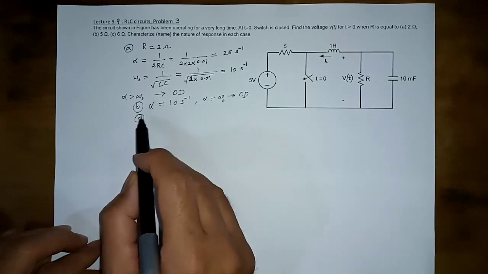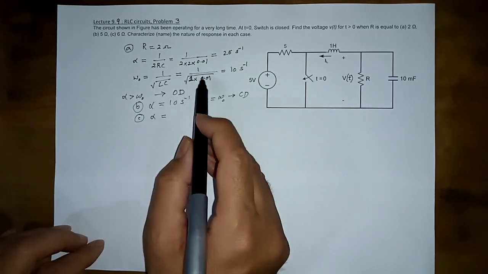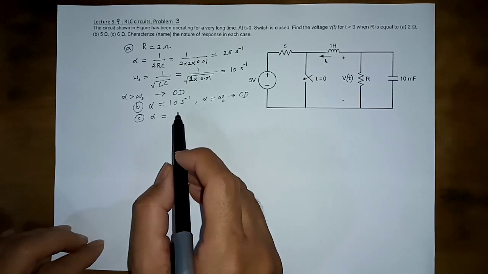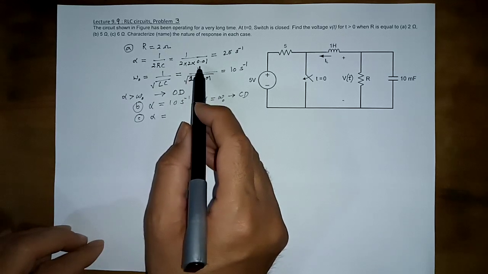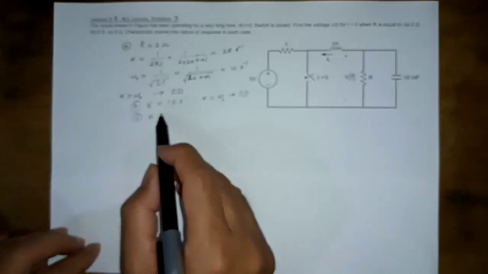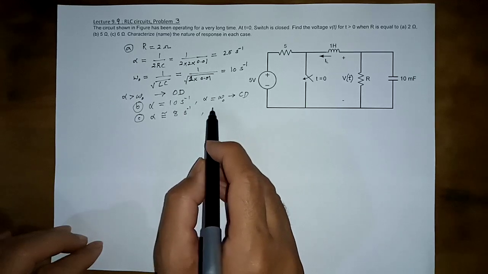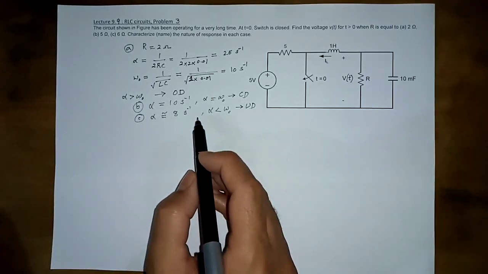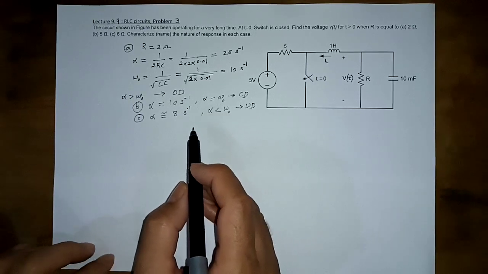And for the case of R to be 6 ohms, it is going to be 12, 1 over 0.12. I hope it would be something like, you have to solve it, but 8 nepers per second, and so alpha is less than omega naught, which is the case of underdamped. But do solve it, please. Do not rely on my quickly guessed value.